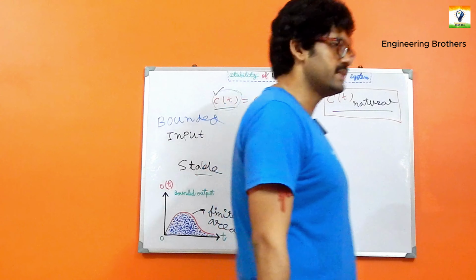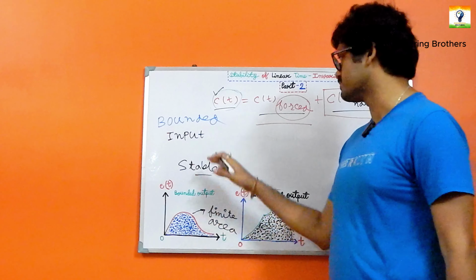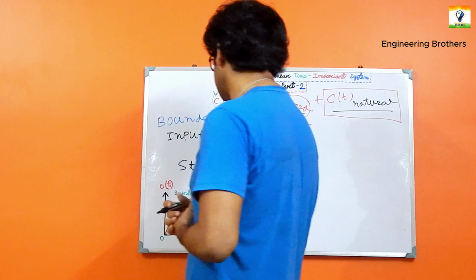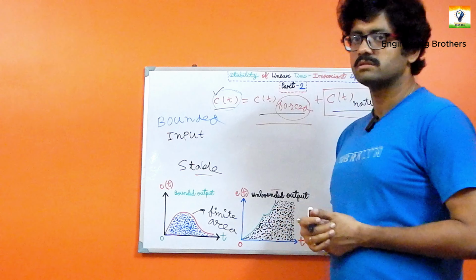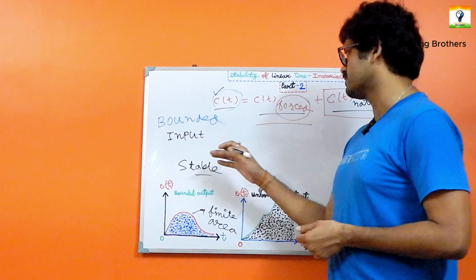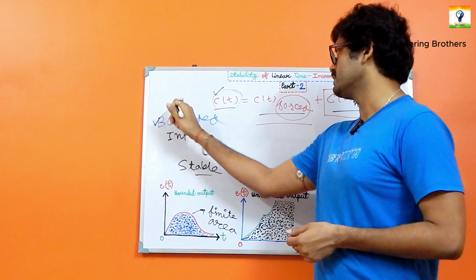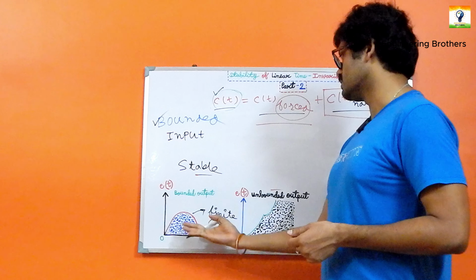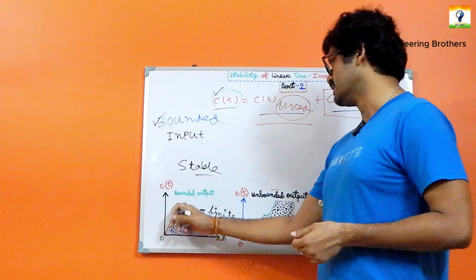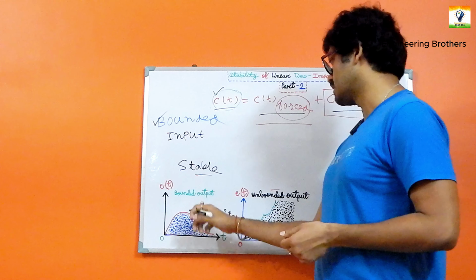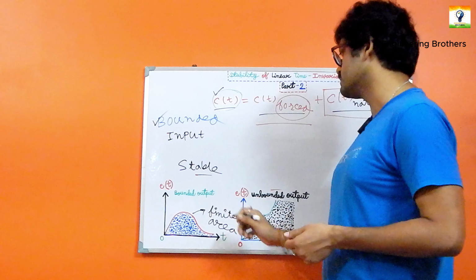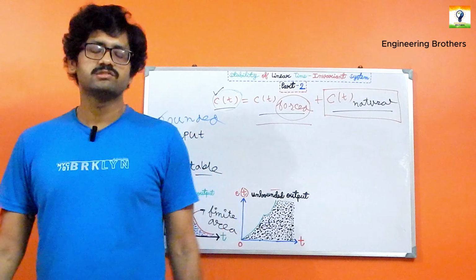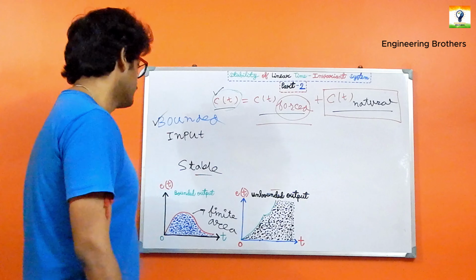Because we have a finite area in this case, we can say that the system is stable if we apply the bounded input, we have the bounded output, and the area under this curve is finite.